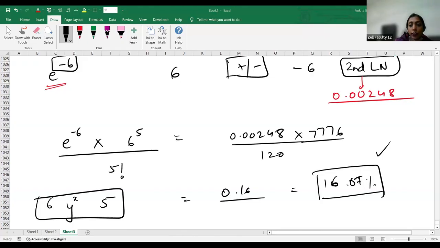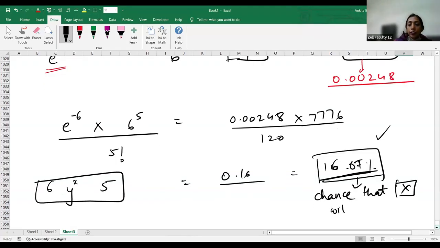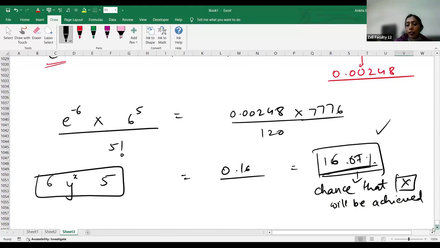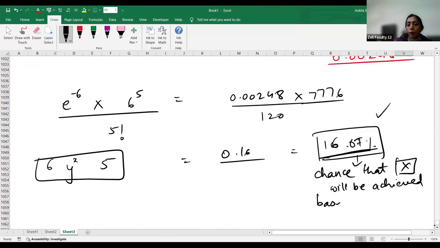So what does this 16.07% indicate? It is the chance that the number of successes will be achieved based on the current arrival rate.